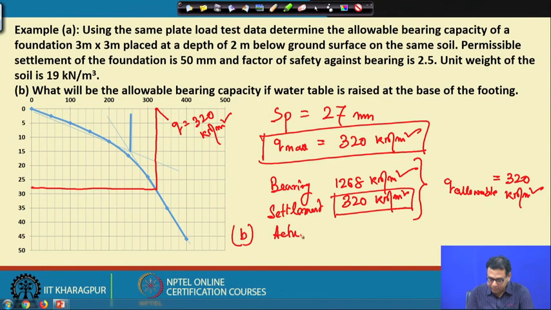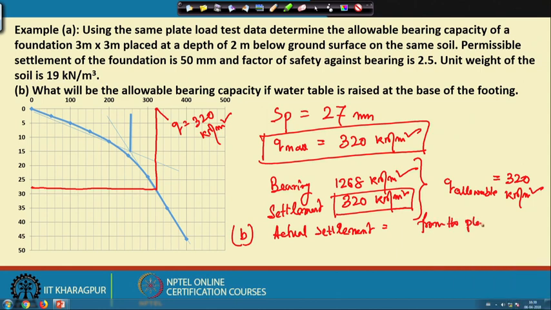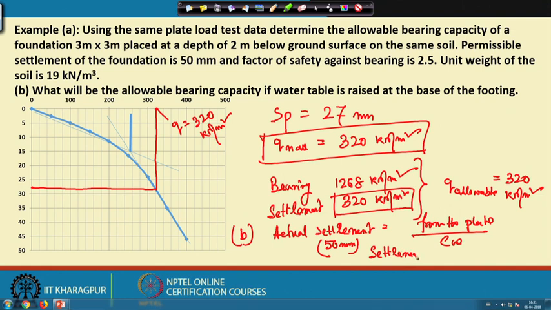Your actual settlement is equal to the settlement that you are getting from the plate divided by CW. So, actual settlement is 50 millimeter, which means you multiply CW with the settlement from the plate, so the settlement will be 50 into CW.